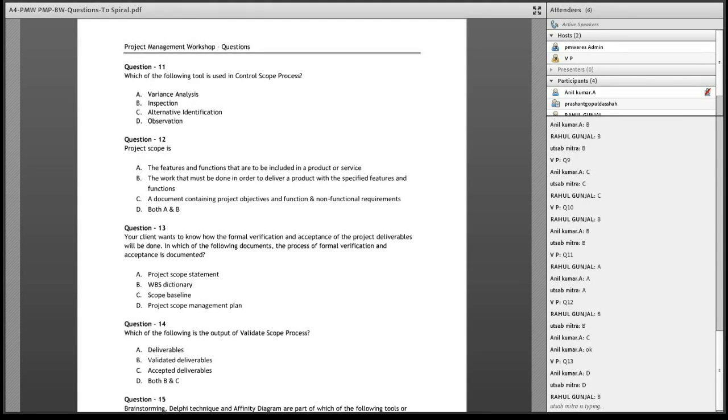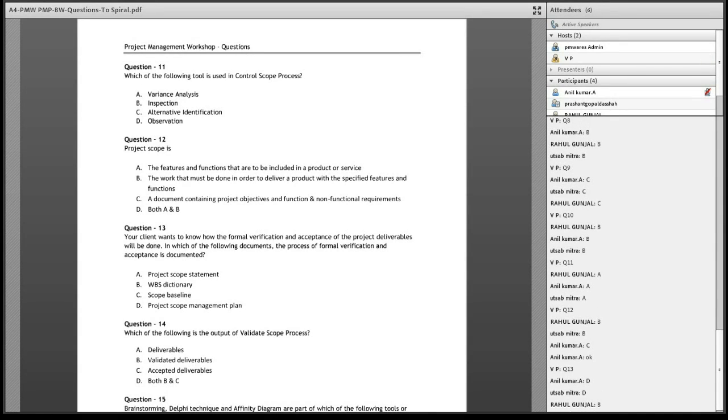See, it is asking how the formal verification and acceptance of the project deliverables will be done. How it will be done. Where is the how? It is in the management plan. The processes are written in the management plan. The method, the methodology is written in the management plan.